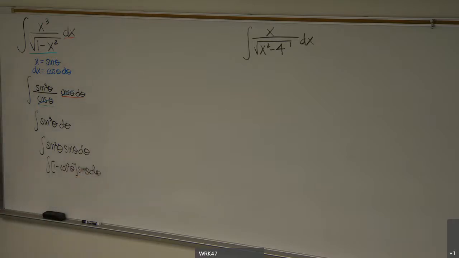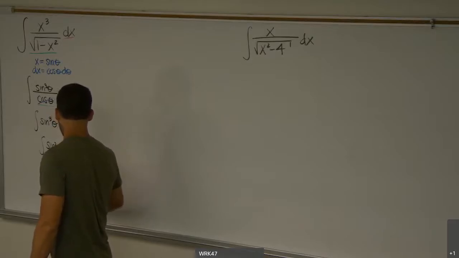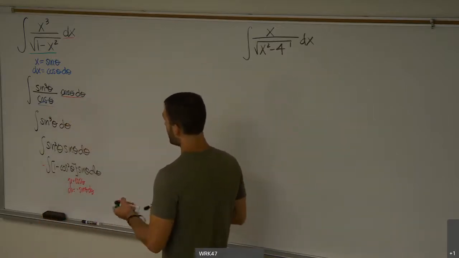I will now do a u substitution with this trigonometric integral. So u is cosine of theta, du is negative sine of theta d theta, so we need the negative sign, double negative. And we end up with a polynomial.